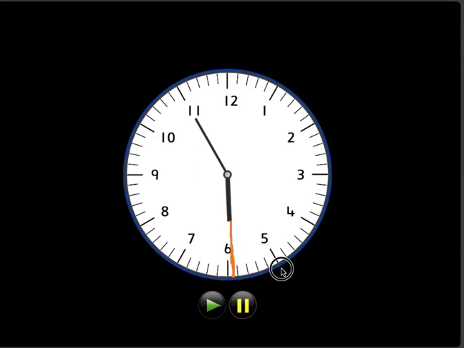It has still only passed the 5. It has not reached the 6. So when we're writing this time like we would on a digital clock, we're going to say it's still in the 5th hour of the day. It has not reached 6 o'clock yet.